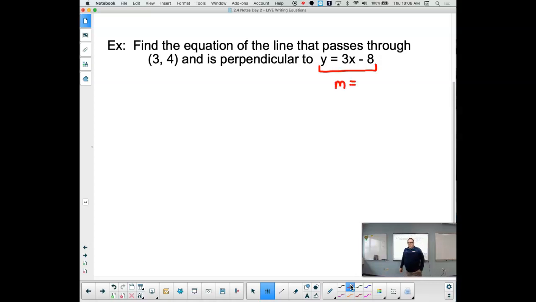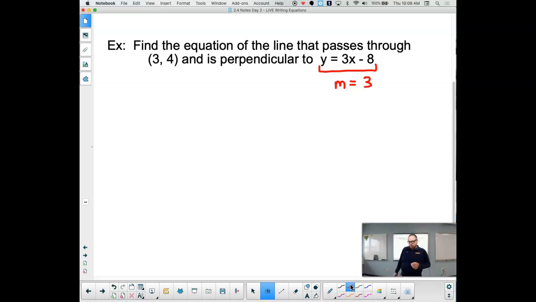You can hold numbers up with your fingers or in the chat. I see lots of 3s, and that is true. The slope of that line is 3.